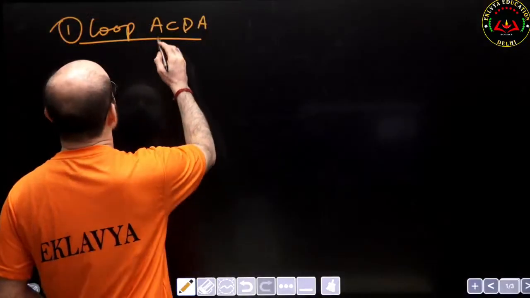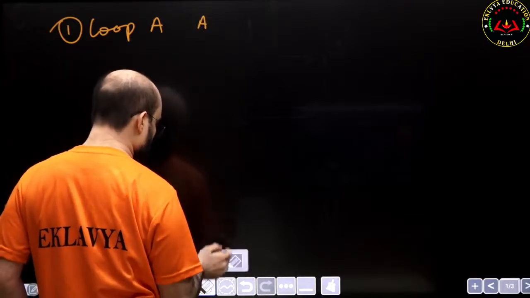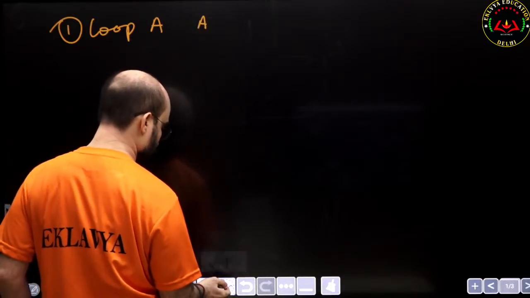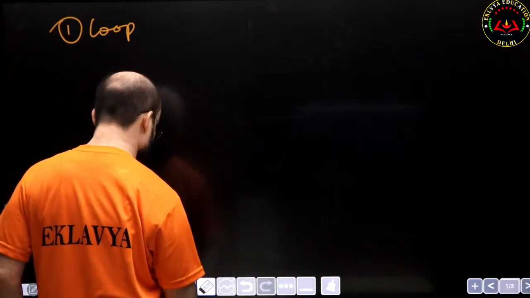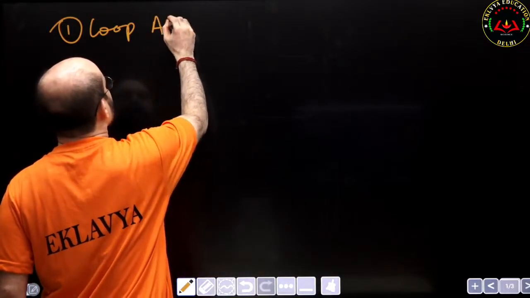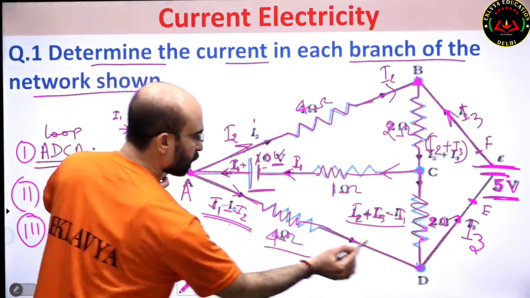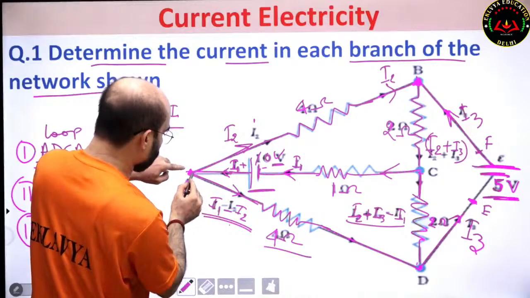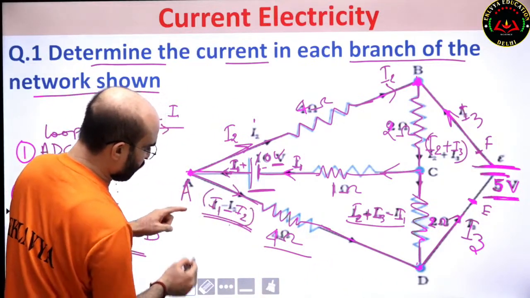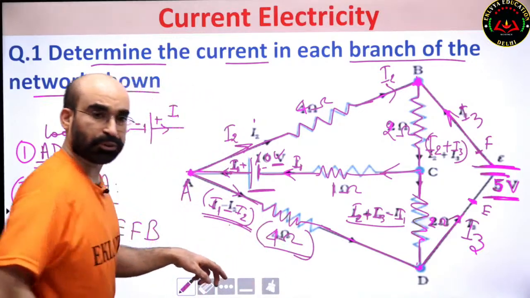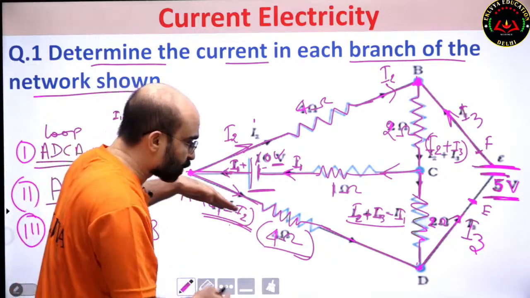I have taken the loop ADCA. Just take the loop ADCA. So from A to D, what current? This is the current. What potential difference? What is the resistor?